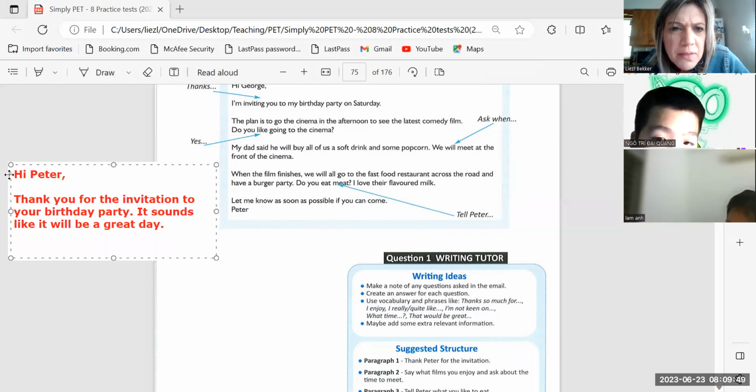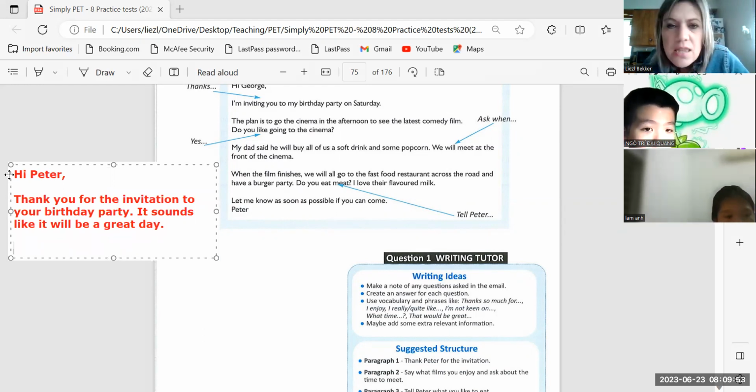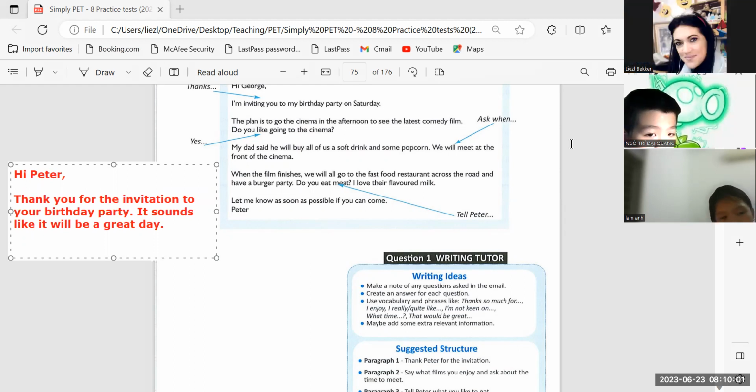The plan is to go to the cinema this afternoon to see the latest comedy film. Do you like going to the cinema? So that's the one you need to answer.